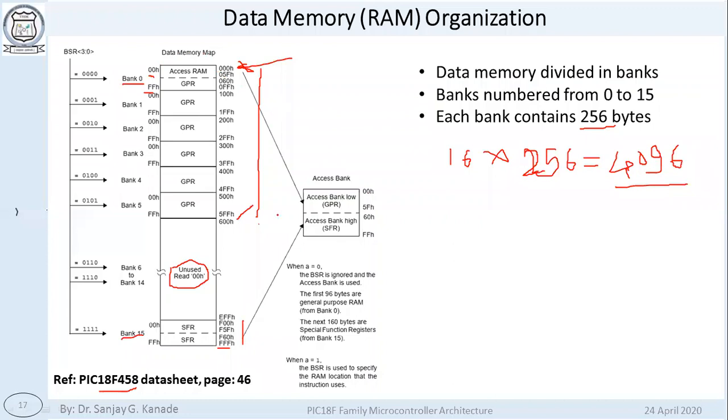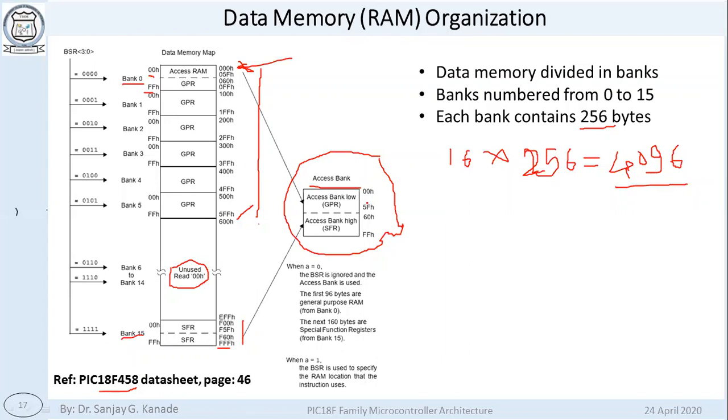Now, coming to another very important aspect of programming, this section. You see what name is given? It is the access bank. This access bank is a virtual addressing methodology inside the data memory.